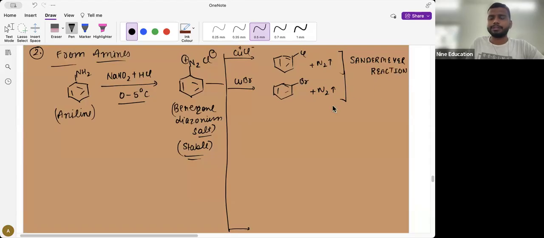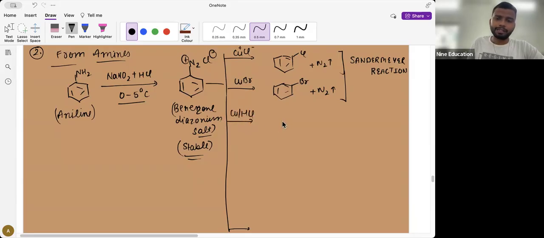Sandmeyer's reaction. You have to learn the name of this reaction, beta. Aniline with NaNO2 plus HCl will give you diazonium salt. If in that diazonium salt you put cuprous chloride or cuprous bromide, you will get these two. Next you have copper and HCl.